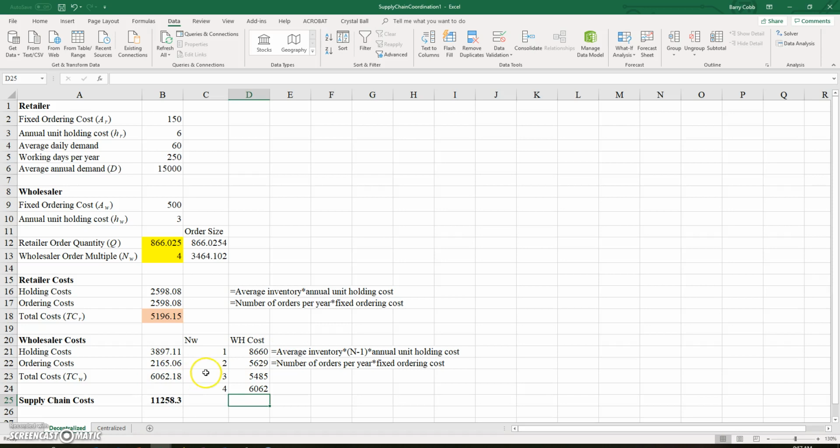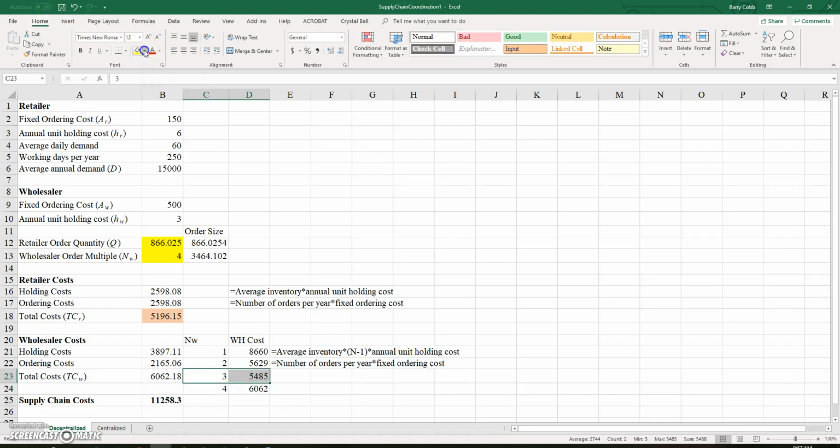And this tells us that we've established the wholesaler's best order multiple as 3 for this particular problem. We want to insert 3 back into the model then, so that the model displays the best decentralized solution, which gives us a supply chain cost of $10,681.